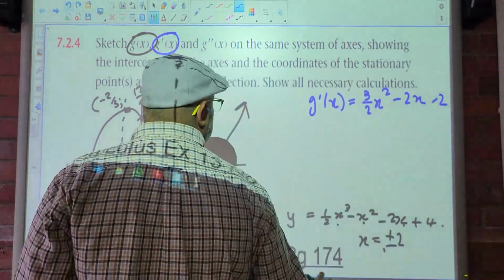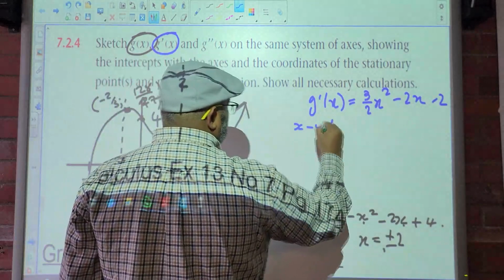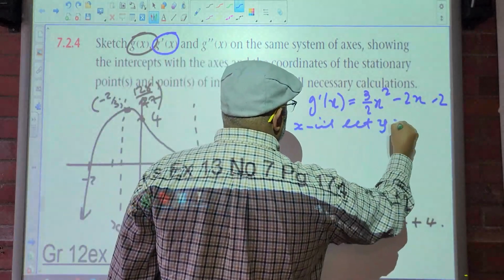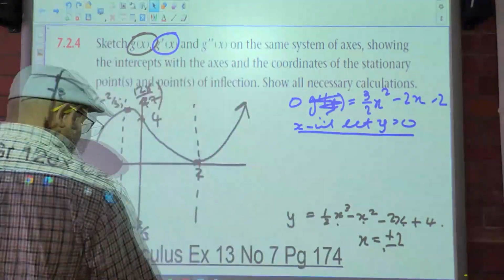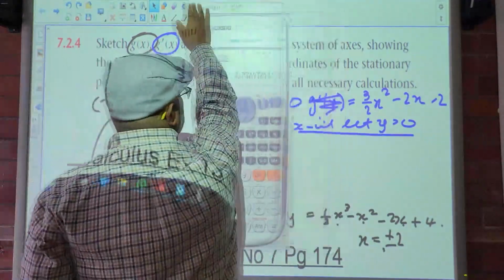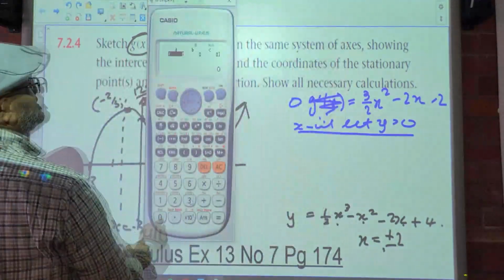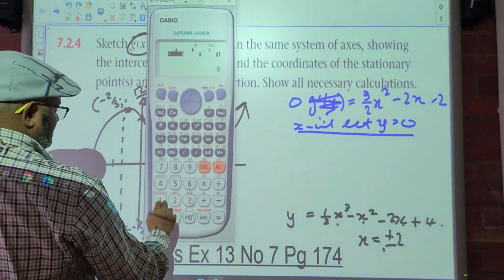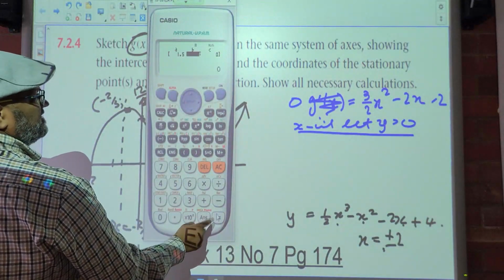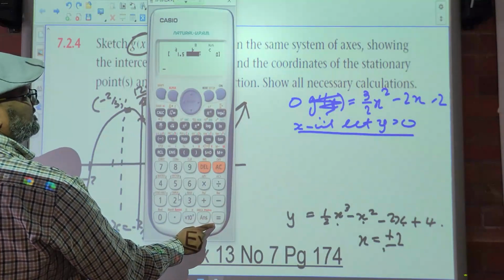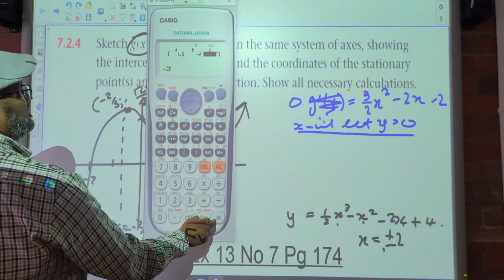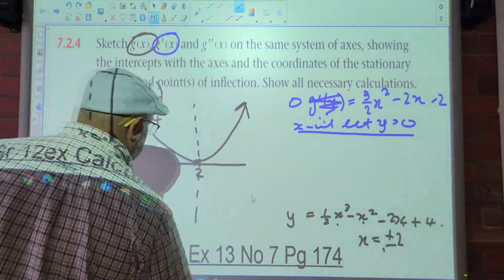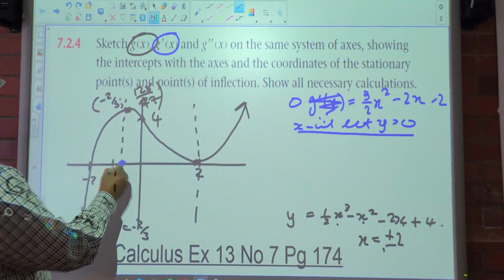Once you set the calculator for the x-intercept, we let y equal 0, so in other words this quadratic equals 0. It gives us 1.5 and minus 2. We worked this out in the previous question already, so I don't have to do it again, because we know it's going to go through those points here.